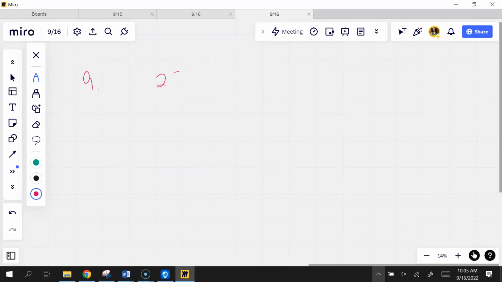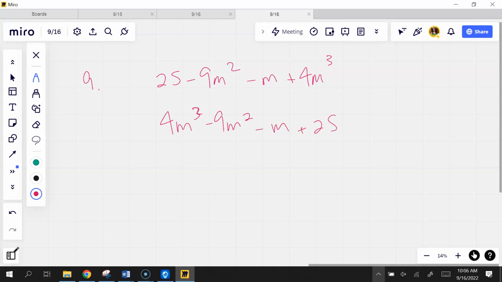Number 9 says to write it in standard form, then classify the polynomial. And there are two ways that I classify. Sullivan, did you share what went off the board with everyone about the classification? So standard form means I write it from the biggest exponent down. So 4m cubed, sorry, 9m squared minus m plus 25.